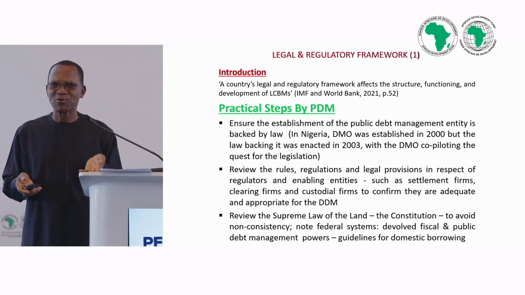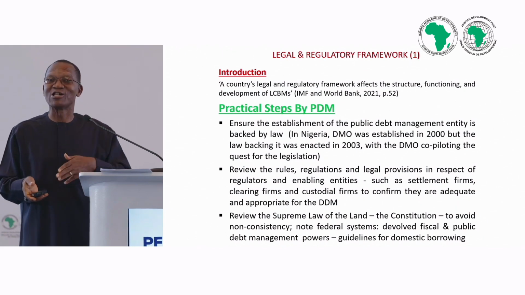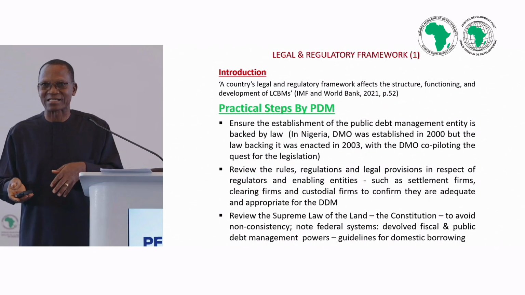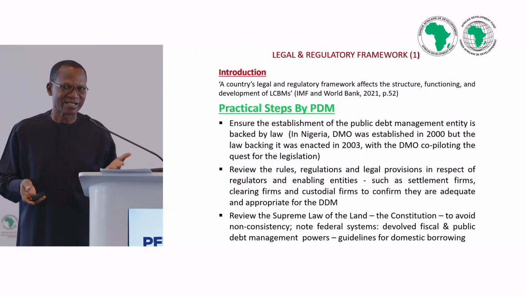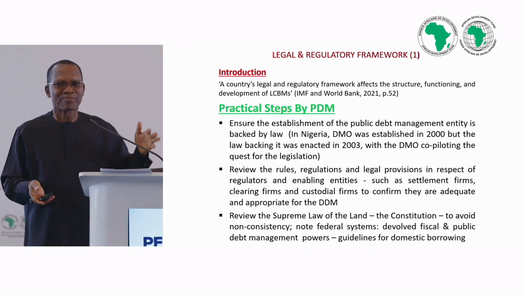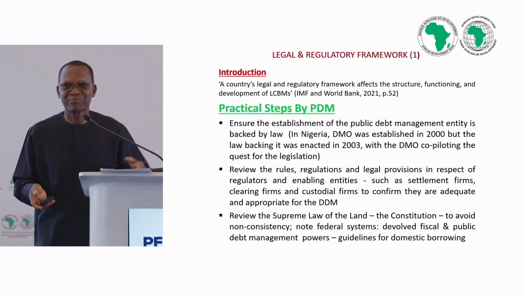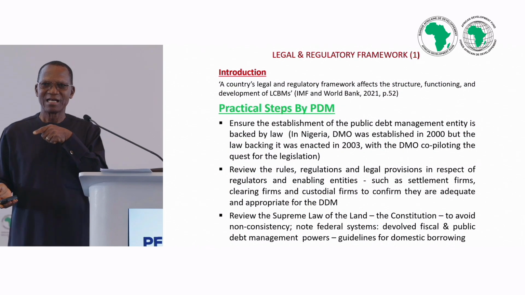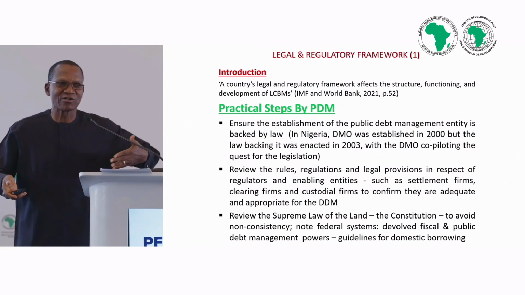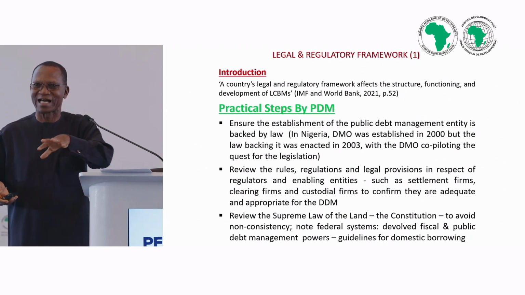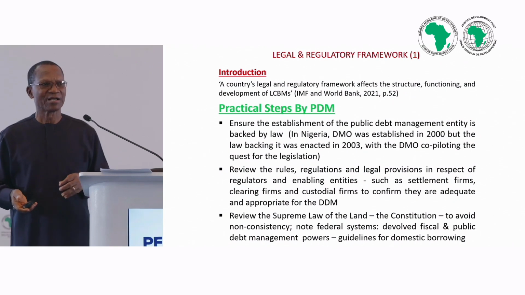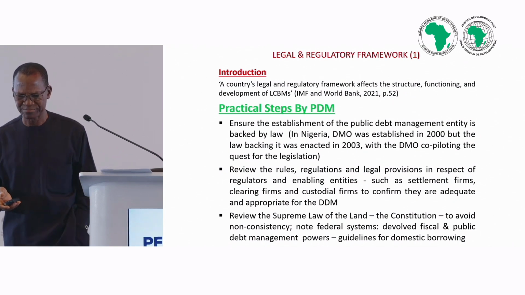Again, example of Nigeria. The DMO in Nigeria started in the year 2000, but the Debt Management Office Act came in only in 2003, which means the DMO was part of the champions for the DMO Establishment Act, because you yourself have to have a legal basis before you talk of other legal requirements in the sector you are helping to control and manage.